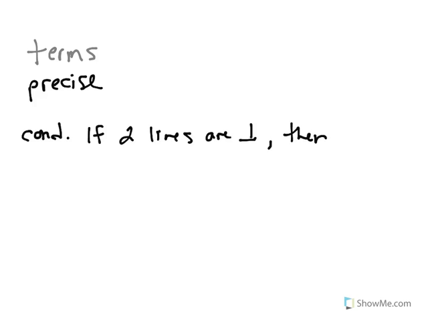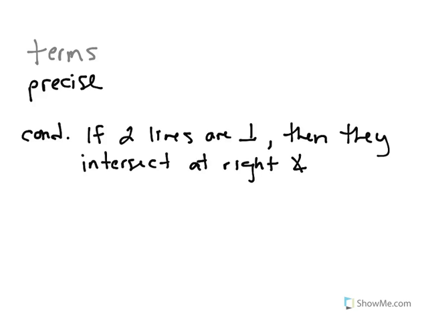Here's our conditional statement: if two lines are perpendicular, then they intersect at right angles. That's a true statement, so we're good so far.